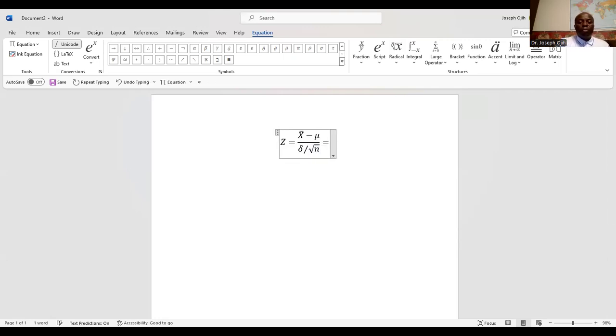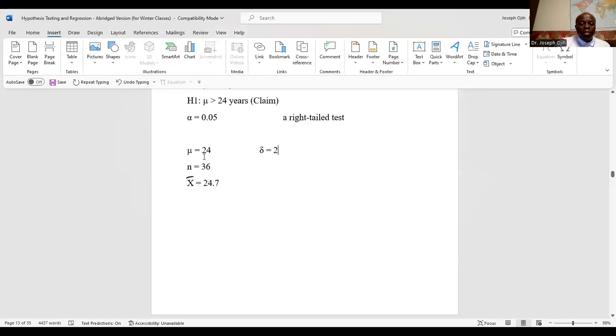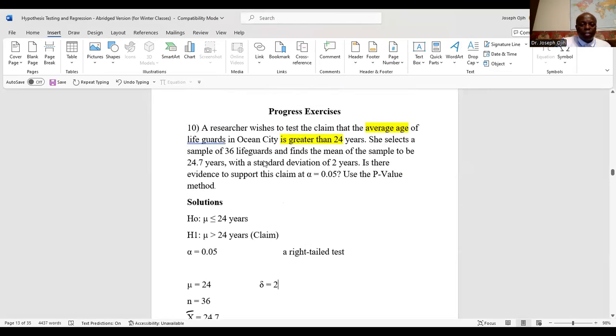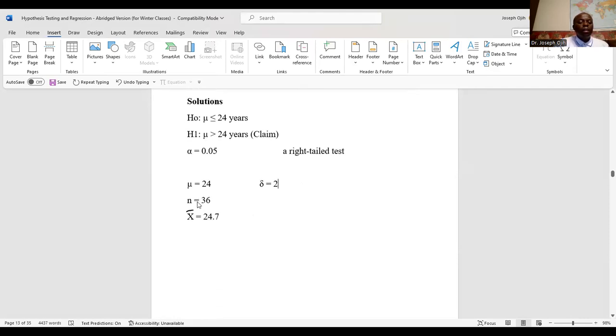Now let me show you the summary statistics again. The population mean is 24. A sample of 36 lifeguards was selected. Sample mean X bar is 24.7. Population standard deviation is 2. So let's put them in the formula.